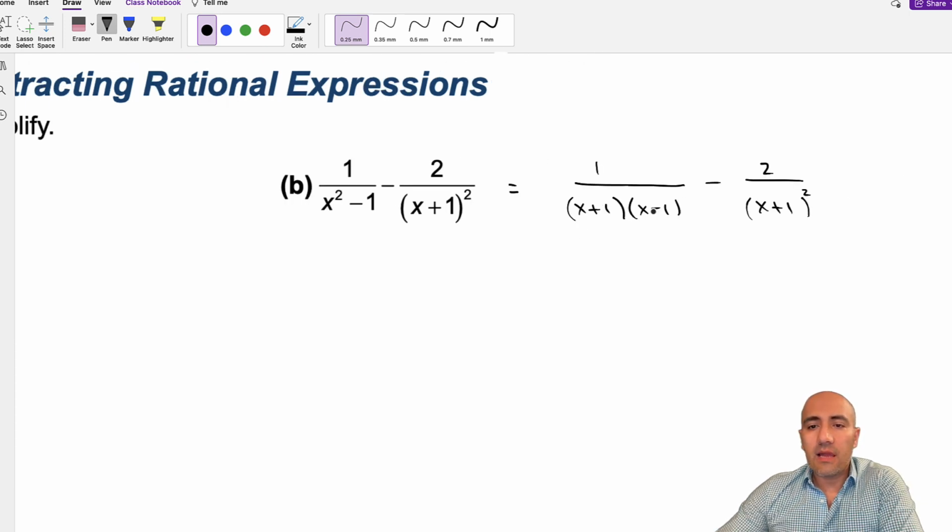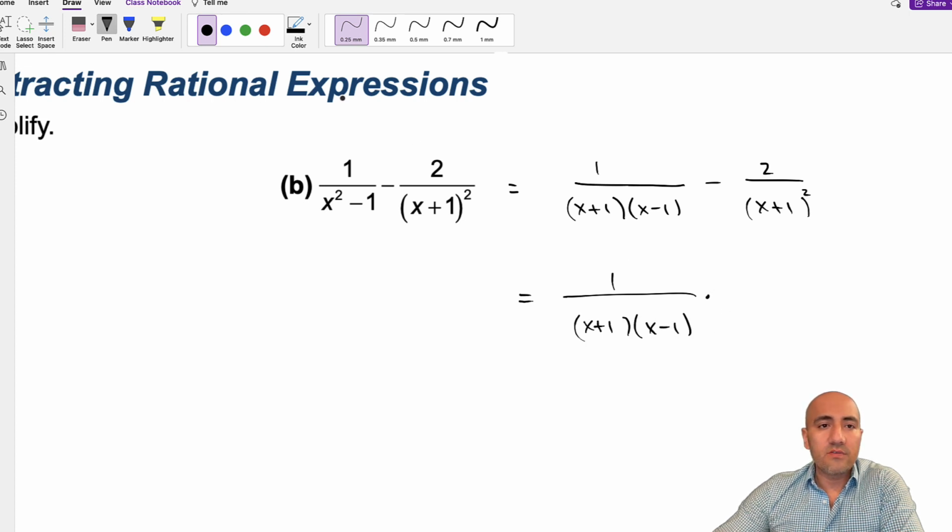Okay, so the common denominator is going to have 2 copies of x plus 1, the binomial, and then one of the x minus 1. So 1 over x plus 1, x minus 1 times, and so I'm going to introduce an extra copy of x plus 1 over x plus 1.